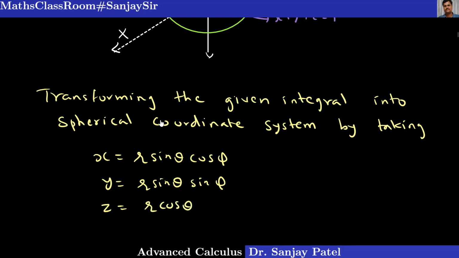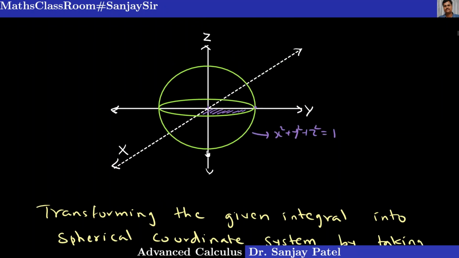Just remember that in our region of integration, that is in the first octant, if you take any point on the sphere and draw a perpendicular, and join these two, this is your r, and if you draw a perpendicular here and then join this foot of the perpendicular, then this angle is phi and this angle is theta.